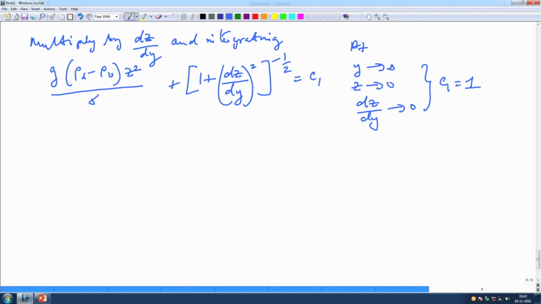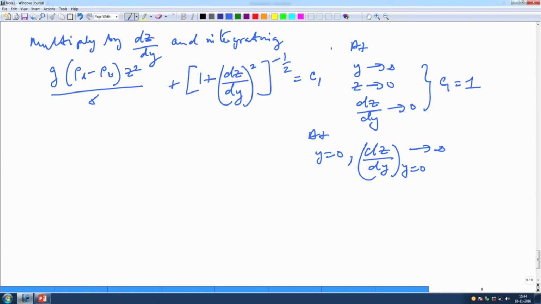That is one boundary condition. At y equal to 0, that means absolutely at the wall, dz by dy approaches infinity, because of how it meets the surface.